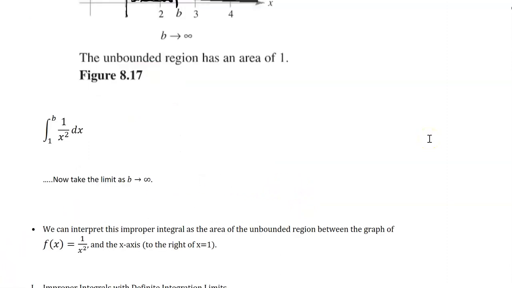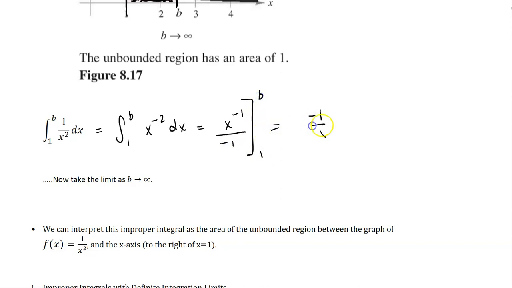So let's do this. I've got the integral from 1 to b of 1 over x squared dx, which I'm going to write as the integral from 1 to b of x to the negative 2 dx. That will be x to the negative 1 over negative 1 from x equals 1 to x equals b, or negative 1 over x from 1 to b. So that'll be negative 1 over b, plugging in the top bound, minus negative 1 over 1, plugging in the bottom bound. This becomes a positive 1, so we'll have 1 minus 1 over b.